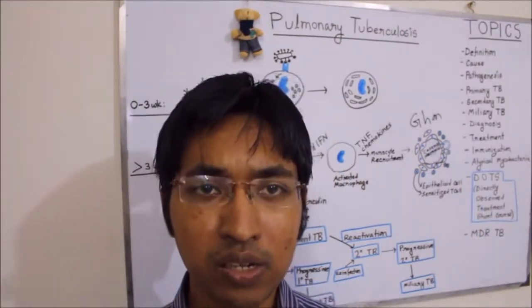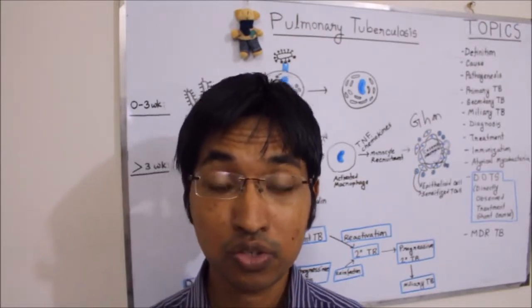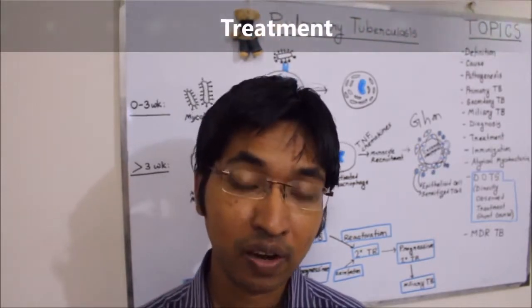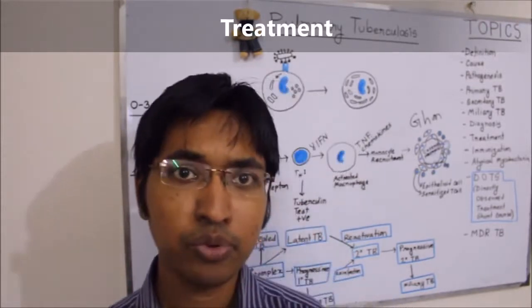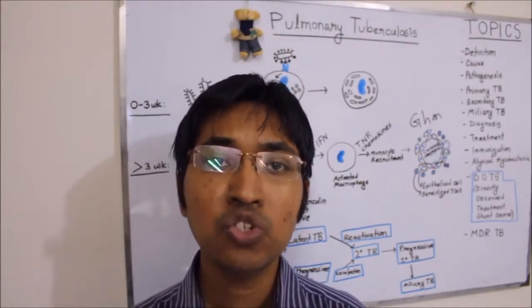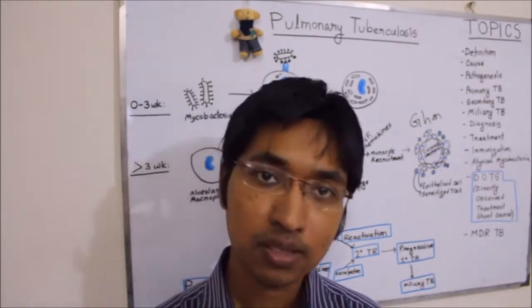Now, if I start telling you the different drug doses and different scenarios of those doses, it will take almost another hour to complete this video. So I will just say briefly, a variety of drug treatments are available for pulmonary tuberculosis, and we usually divide these drug therapies into two phases.